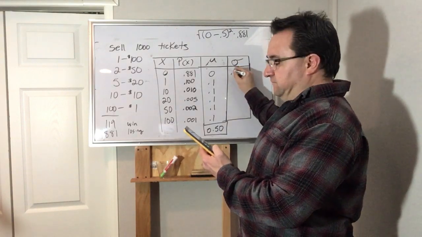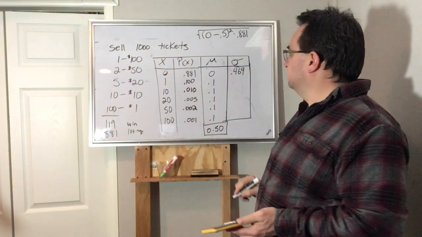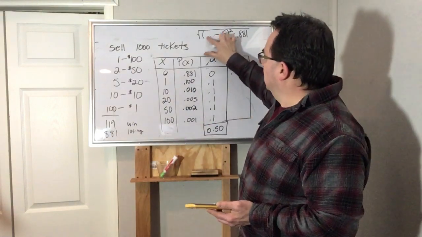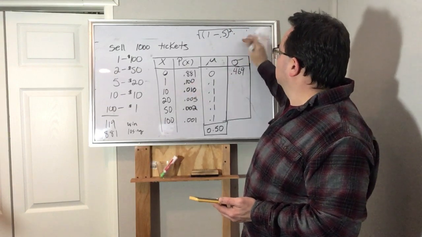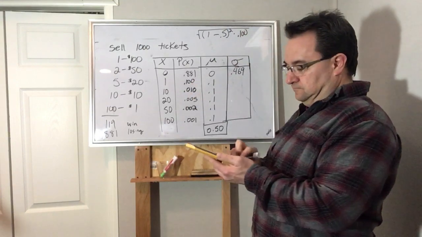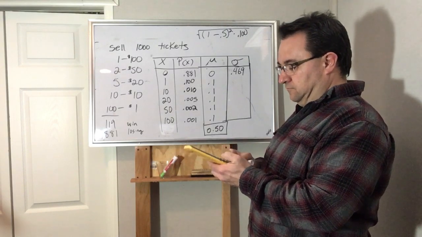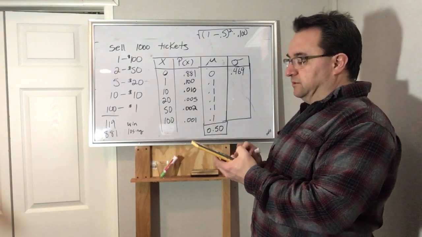So that would be 0.469. This one is going to be 1 minus the mean times its probability, and square root it.